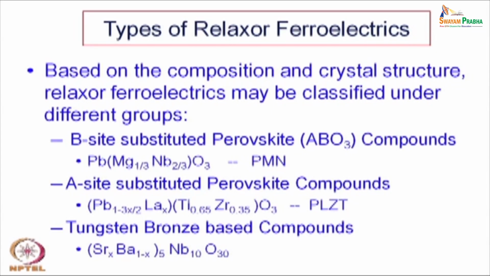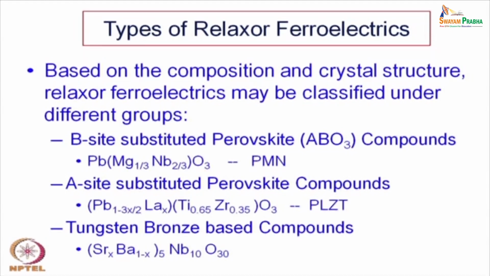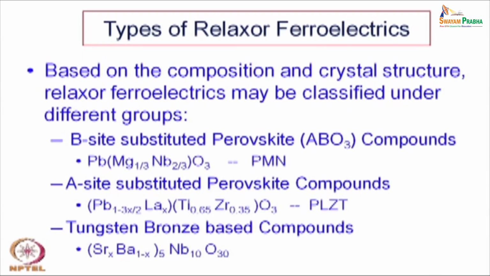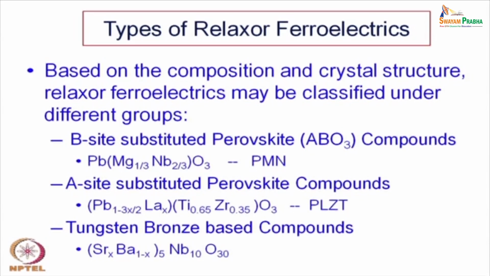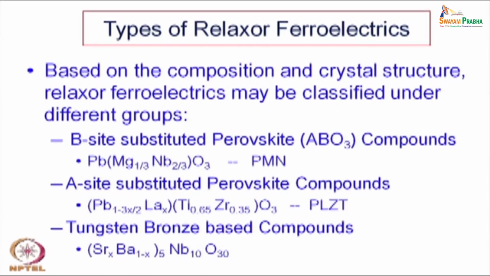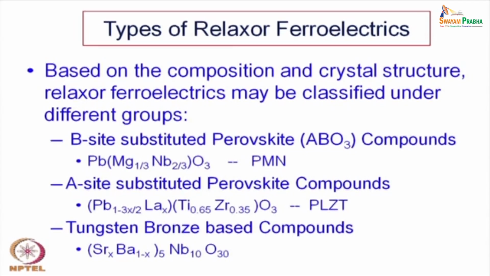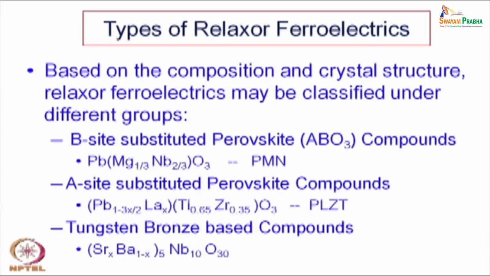So, part of the lead has been substituted by lanthanum. The formula is as follows: Pb 1 minus 3x/2 La x, and then Ti 0.65, Zr 0.35, O3.